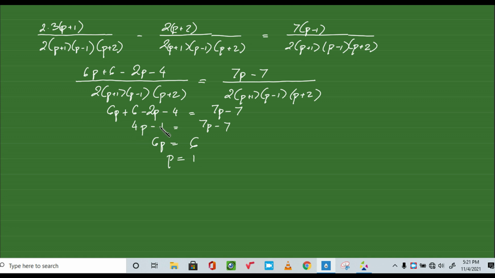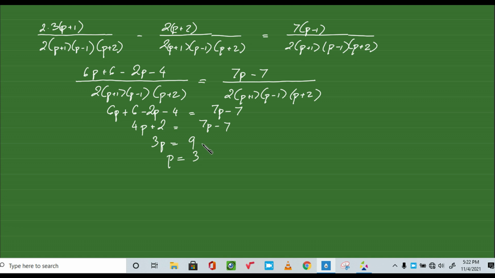And this gives you plus 2. Okay. Now what do we have over here? We have 7p minus 4p gives you 3p. And this gives you 9. See? Then your p will be 3.